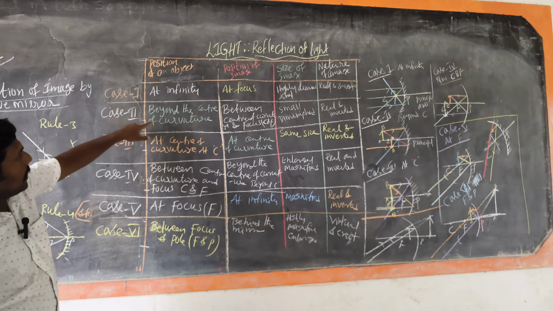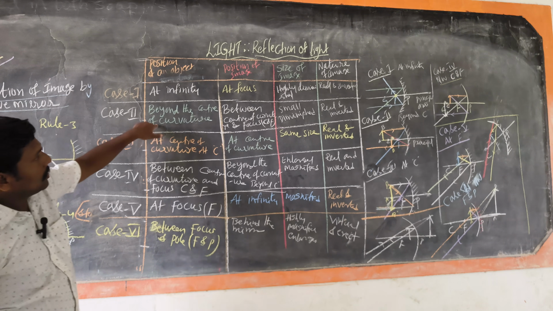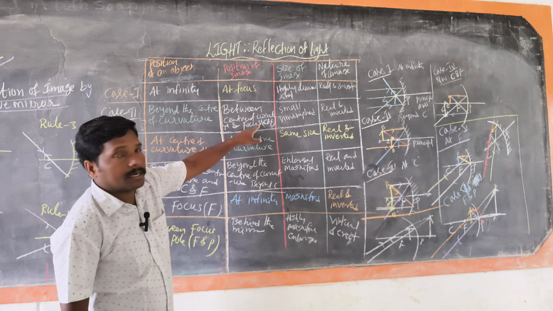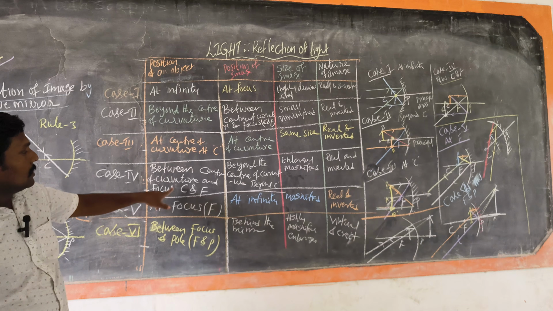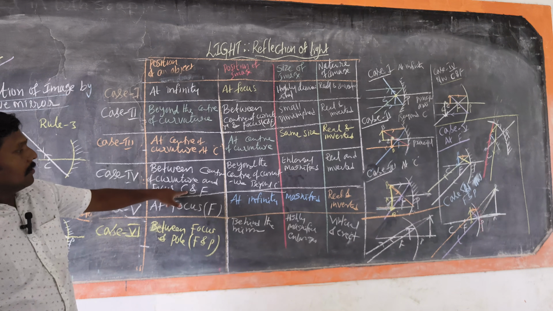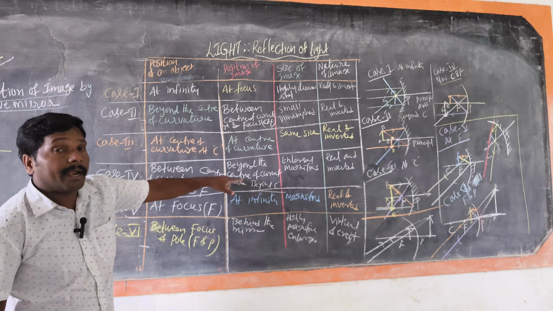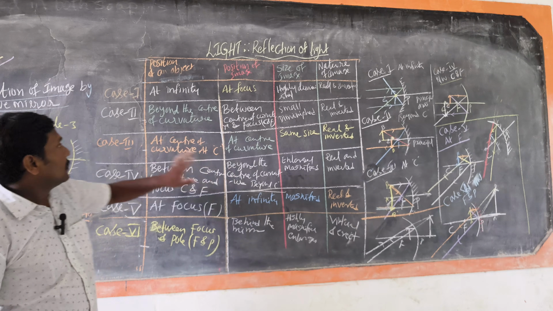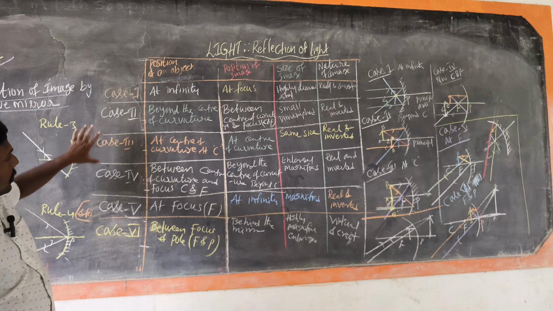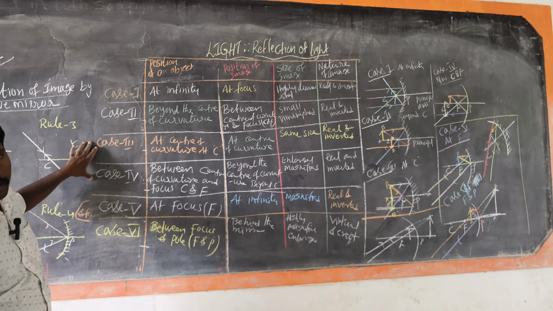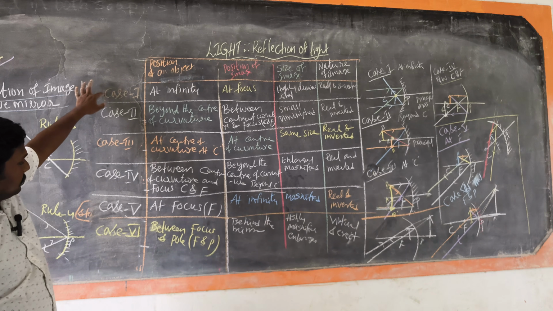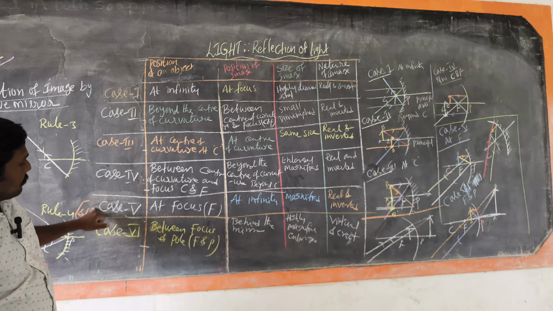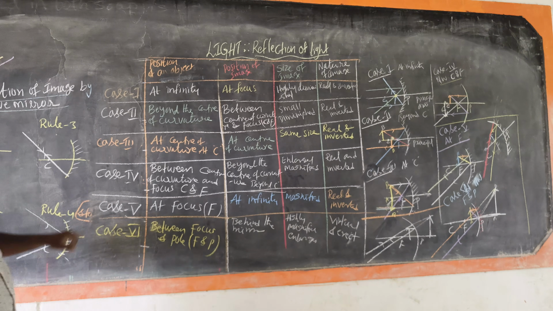Case 2, behind the center of curvature: if the object is placed between center of curvature and focus, the image is formed behind C. So case 2 and case 4 are opposite. Case 1 and case 5 are opposite.